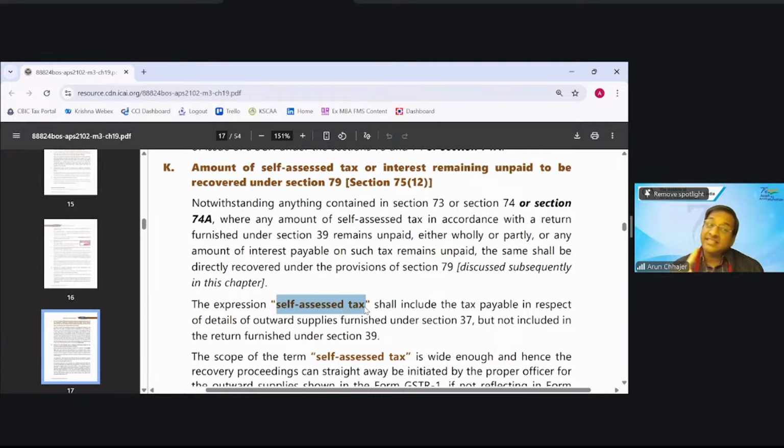To recover the self-assessed tax, there is no time limit. Means, let's read.